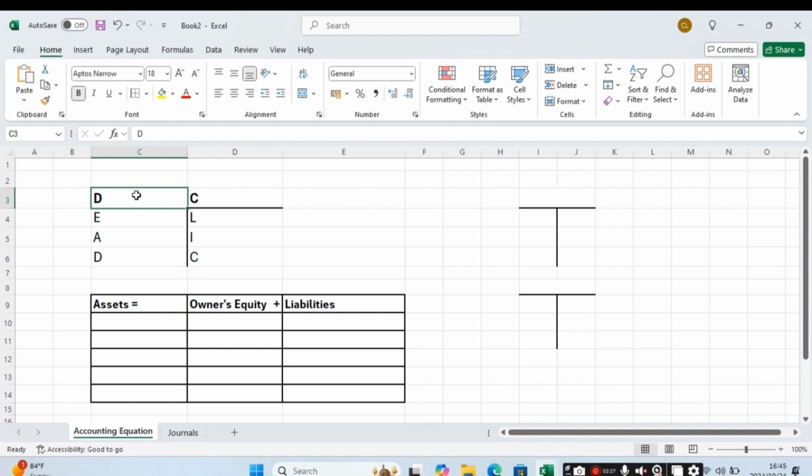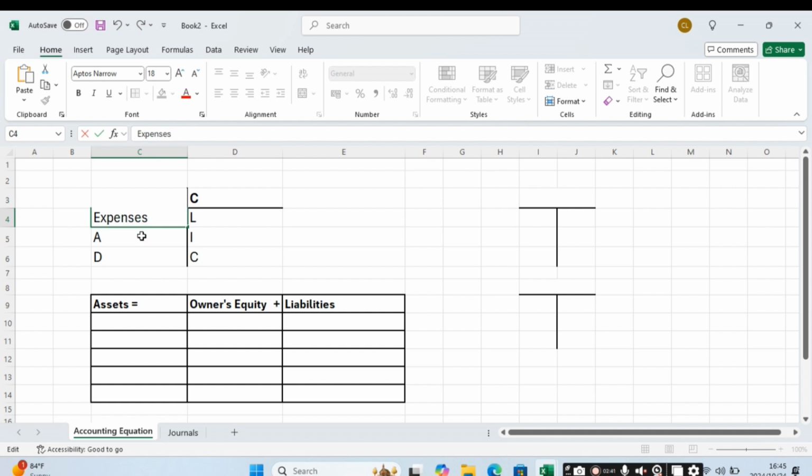Okay, so DEADLiC. We have the D. D stands for debit. Then we have the E. E stands for expenses. Then we have the A, which stands for assets. Then we have the D, which stands for drawings. I hope you know this.